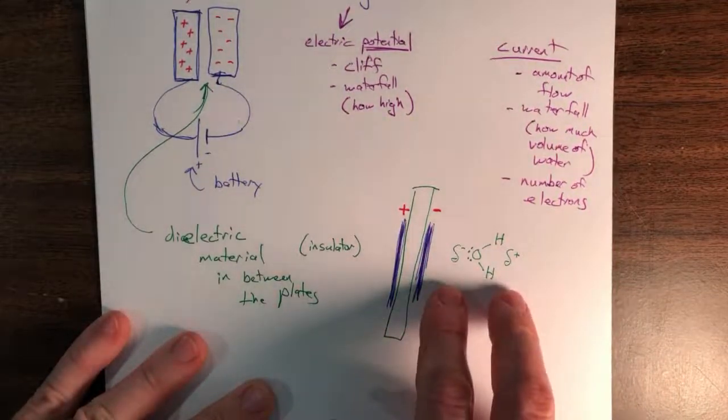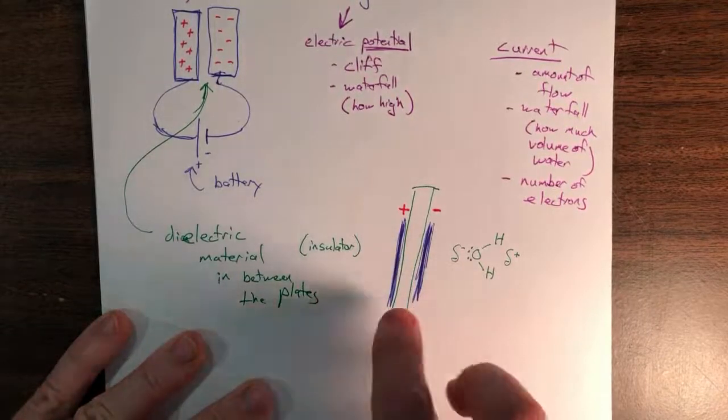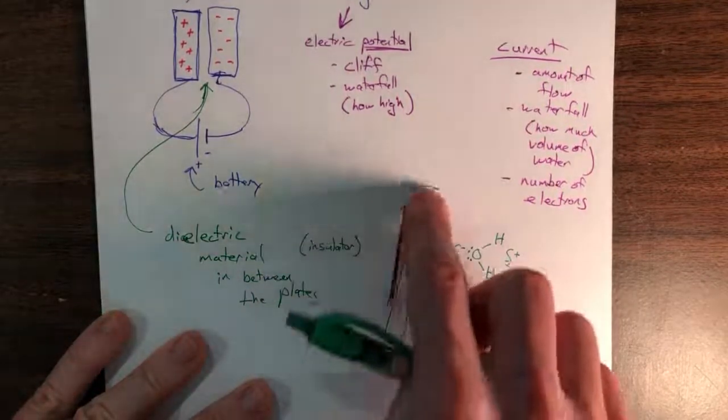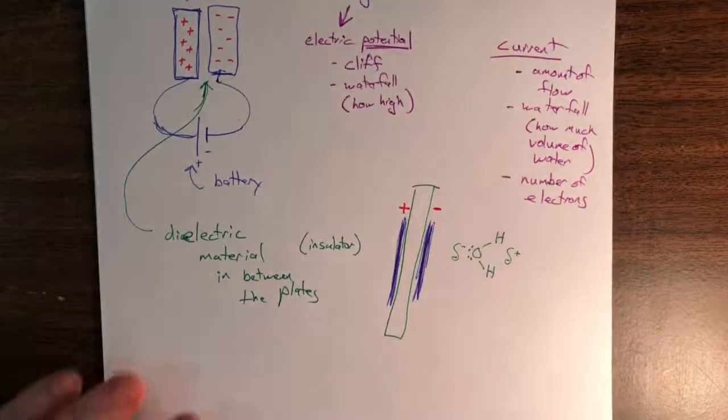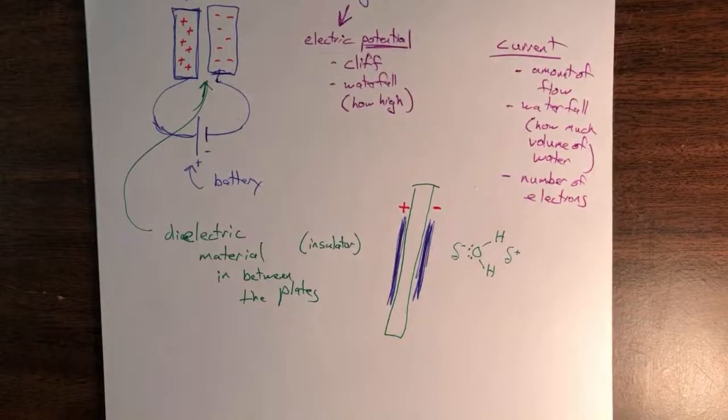And so without any flow of electrons, you have an orientation change of the dielectric material, which causes a temporary buildup, or a dipole, of the charge in the material.